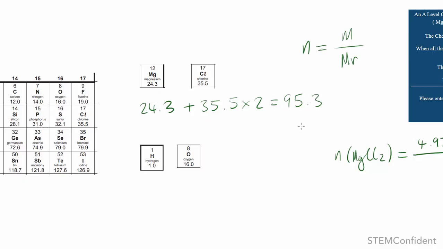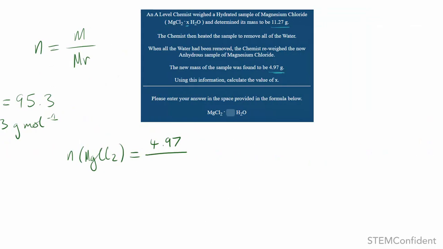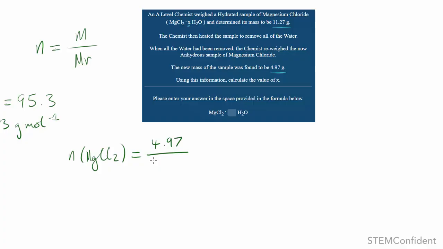Okay, and in this particular case, we can say that the Mr of MgCl₂ is 95.3 grams per mole, right? So that's the units for it. So that would effectively mean that here we're going to have 95.3, right?